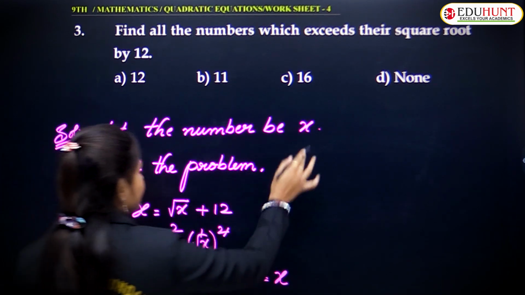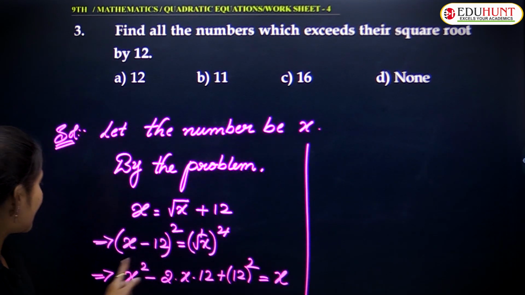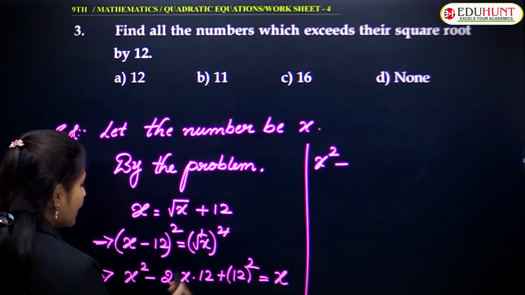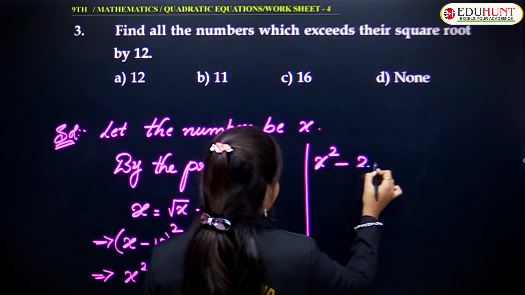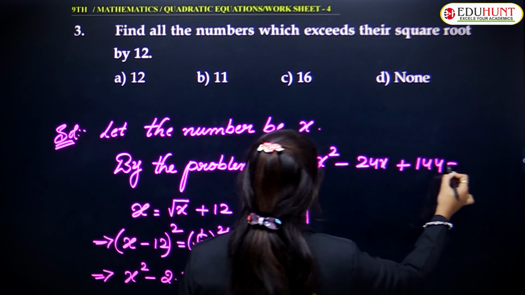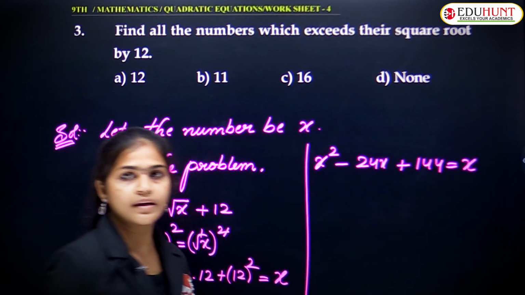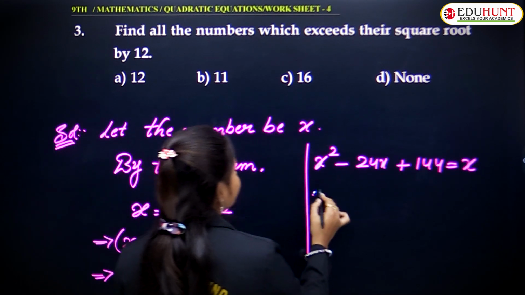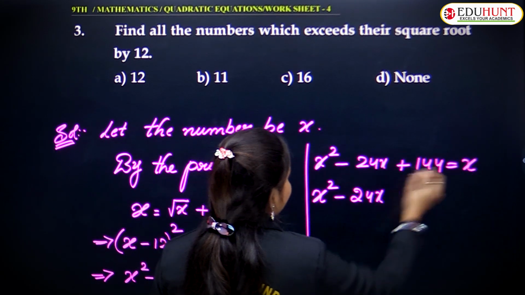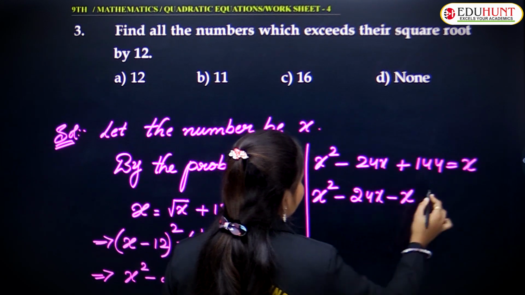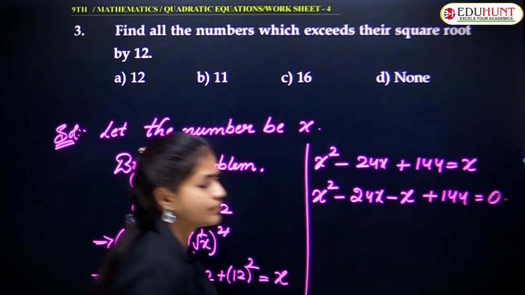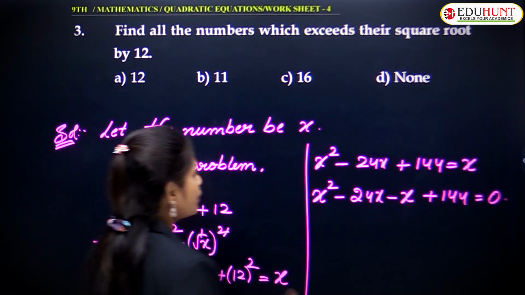Clear? So from this, x square minus 24x plus 144 is equal to x. Clear? So x square minus 24x, and here x is there, so that is minus x plus 144 is equal to 0.